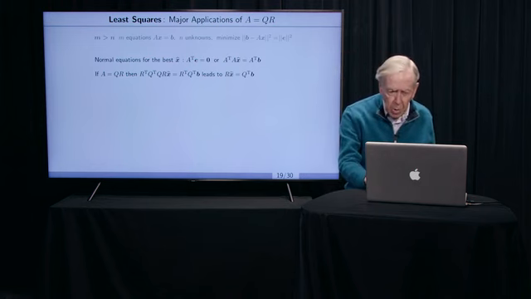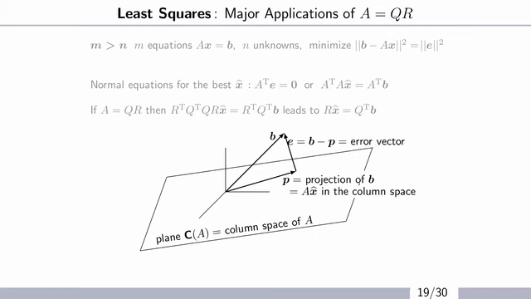Let me see if there's more. So this is the geometry. I start with a matrix A. It's only got a few columns, maybe even only 2 columns. So its column space is just a plane, not the whole space. But my right-hand side b is somewhere else in whole space. You see this situation? I can only solve Ax equals b when b is a combination of the columns. And here it's not. The measurements weren't perfect. I'm off somewhere.